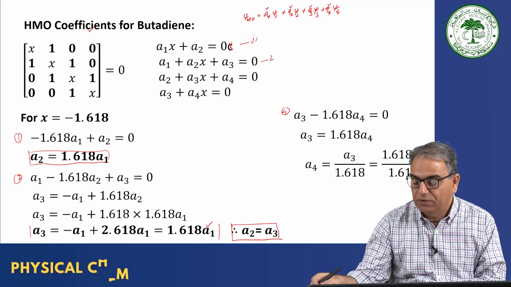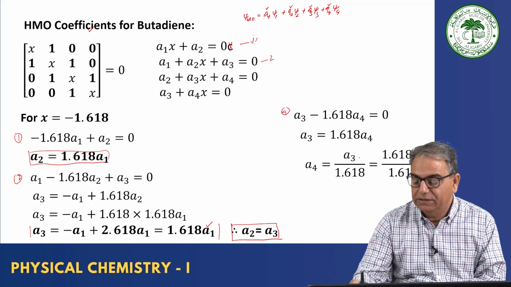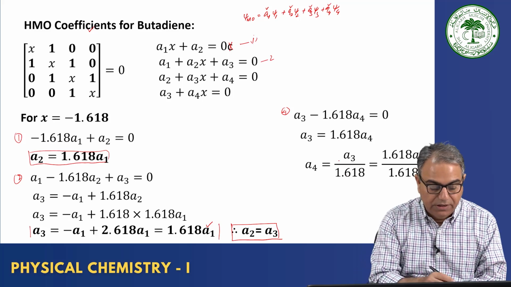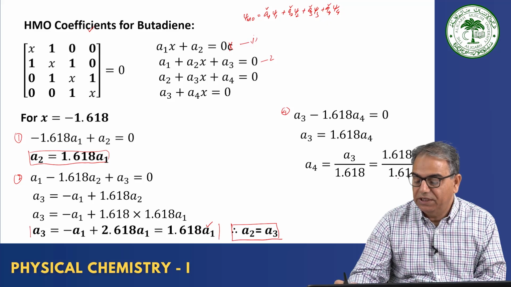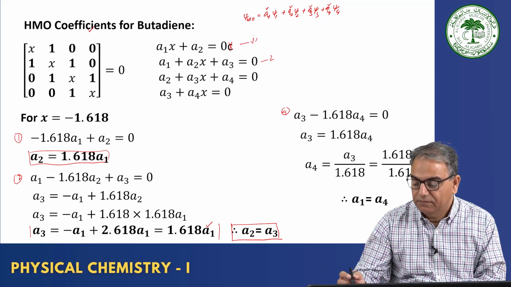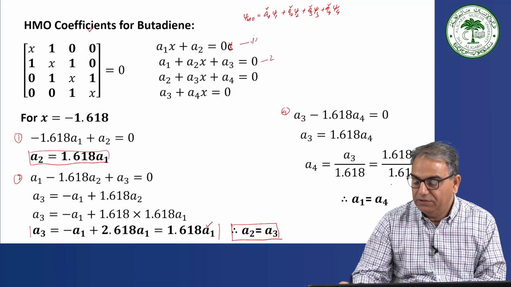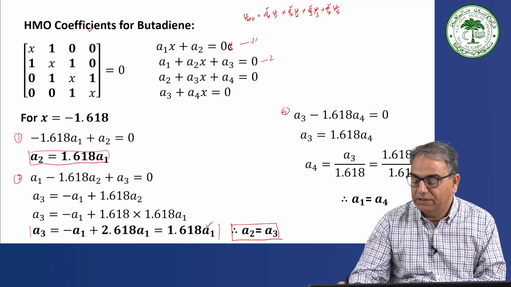If it is so, then A4 you can write as A3 divided by 1.618, and A3 is what? A3 is 1.618 A1. So put 1.618 A1 divided by 1.618, this and this will go, and what you get is A1 is equal to A4.